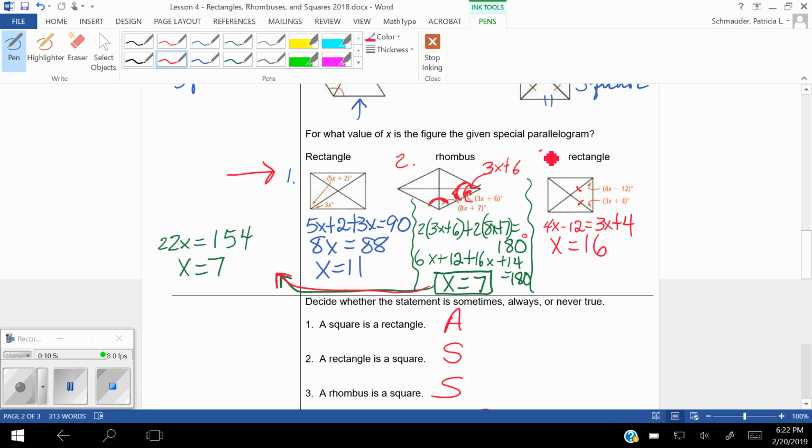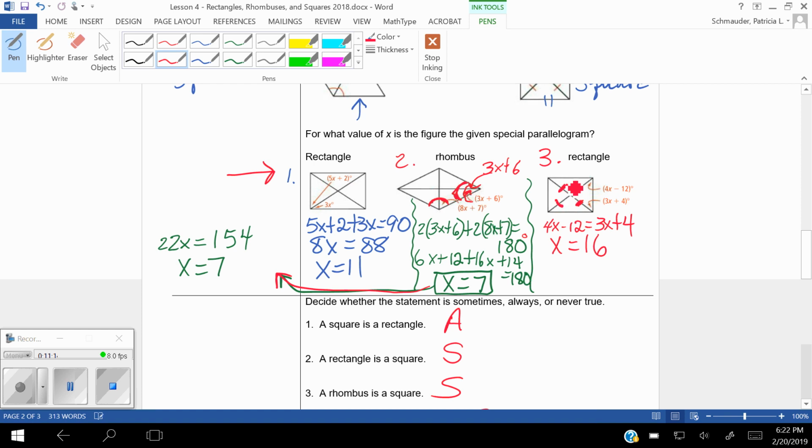Okay, and then finally on this third one, what does x have to be so that this is a rectangle? Well, look, this is a parallelogram. Diagonals bisect each other, but because it's a rectangle, the diagonals are congruent.